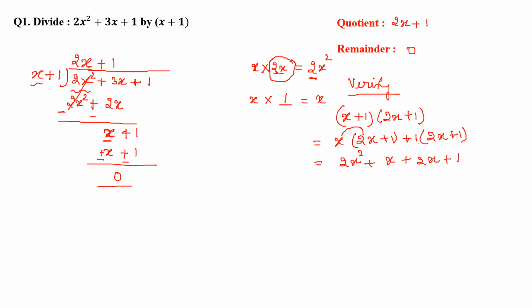Like the distributive property. So it becomes 2x square plus x and 2x. Both are like terms, so I add them: x plus 2x gives 3x. So 3x plus 1, and you can see this is exactly your dividend. So my division is correct. This is the whole procedure. Now move to the next question.